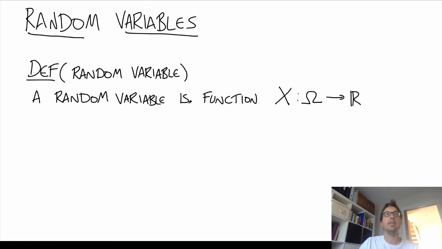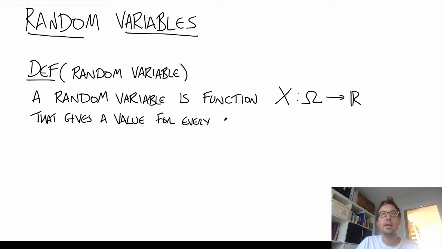Okay, so a random variable is a function. Okay, and it gives a number. So that gives a value or a number for every outcome. Okay.